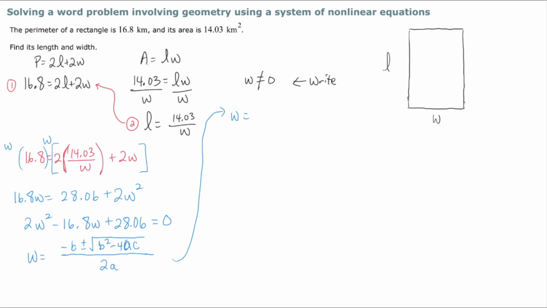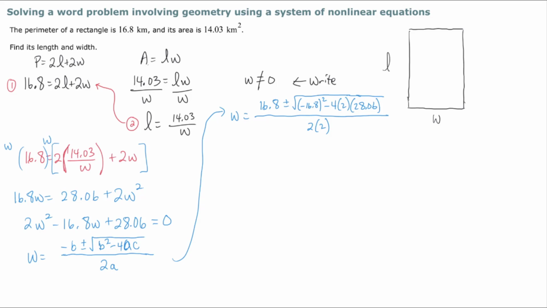W is equal to the opposite of b, which is 16.8, plus or minus the square root of b, which is parentheses, negative 16.8 squared, minus 4 times a. What was a? 2. And what was c? C was 28.06, all over 2 times a, which is 2 times 2.